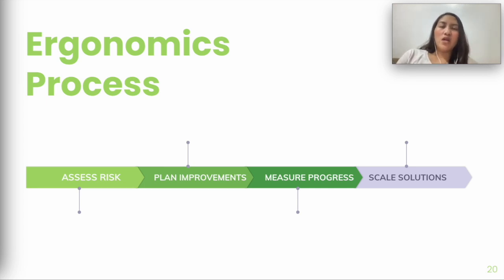Remember that we have 3 domains, but this is specific for workplace ergonomics, or physical ergonomics. But this is also applicable to other types or domains of ergonomics, not just physical ergonomics. So let's discuss the first step. We have assess risk. This is the first step.